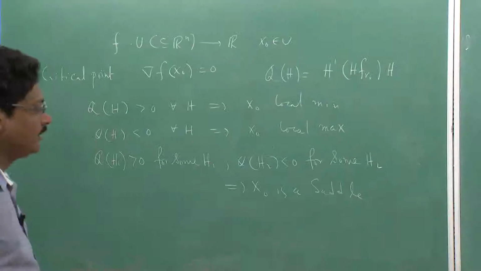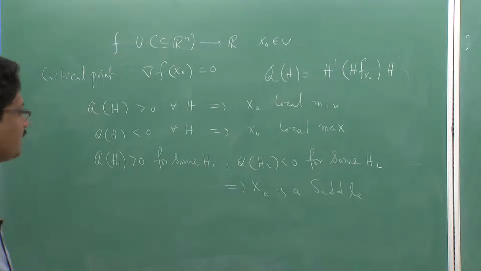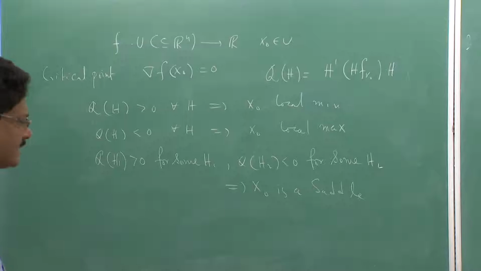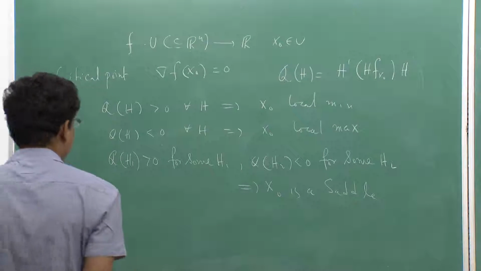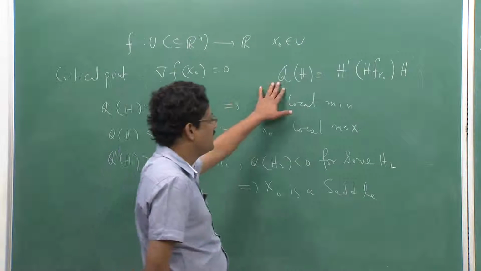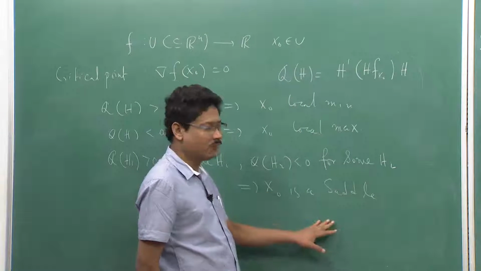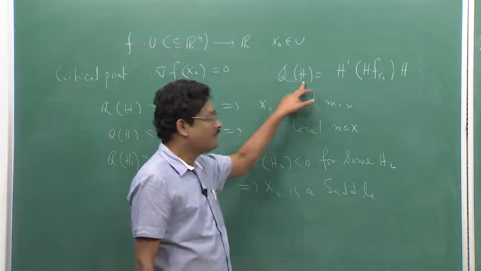So, look at these two, both clear at the same point, you will see that what I have written is just because of Q(lambda h) is lambda squared Q(h). But why have I written like this? Because every time I have to check, I have to compute this Q(h), and if I want to use this for checking minimum, maximum or saddle point, I have to check for every h.